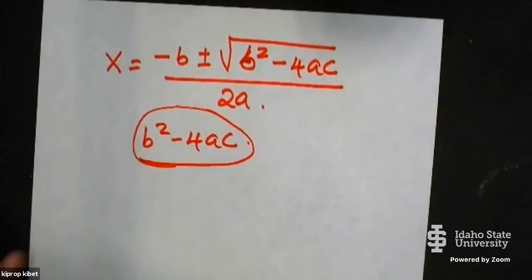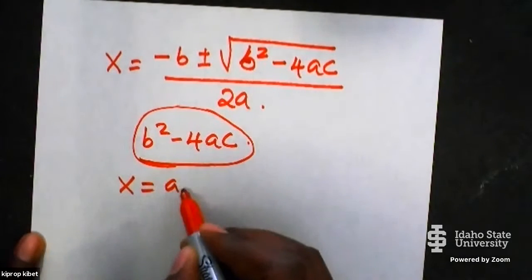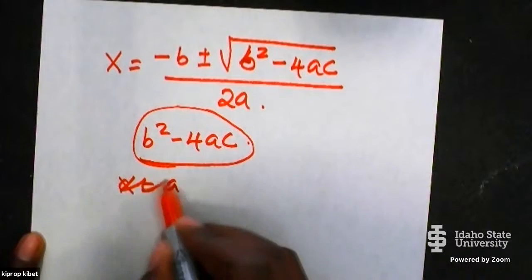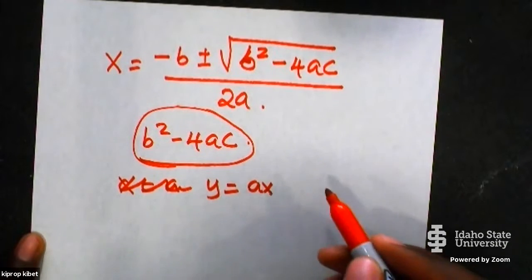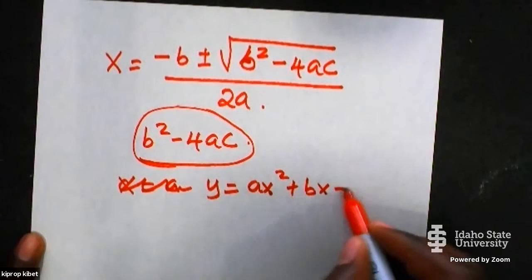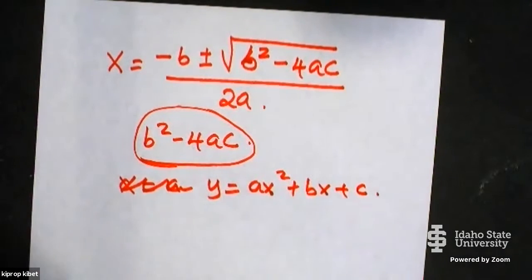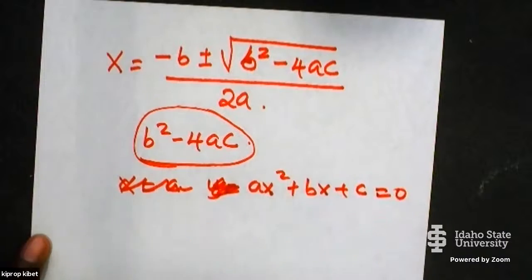Now, if you have the equation y equals ax squared plus bx plus c, this is a function, so you can just leave this one alone. Let's say it equals 0 like that.